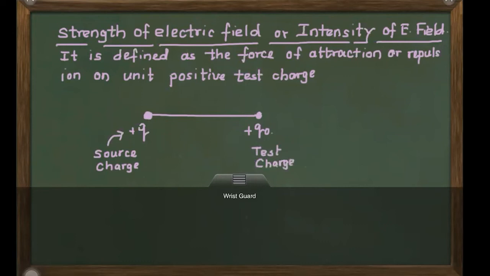So when you place a test charge nearby a source charge that is positive, and the test charge is also positive, the test charge will feel a force of repulsion.